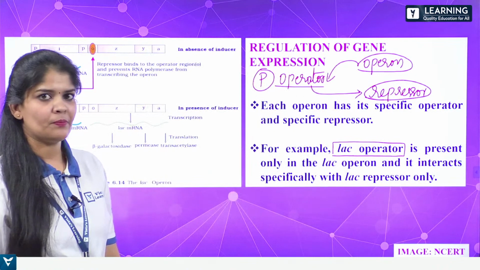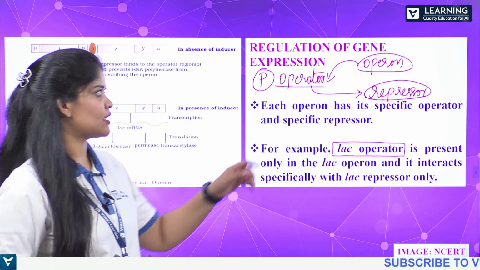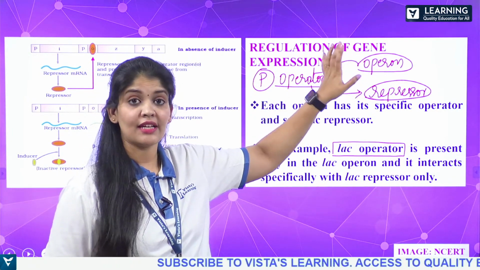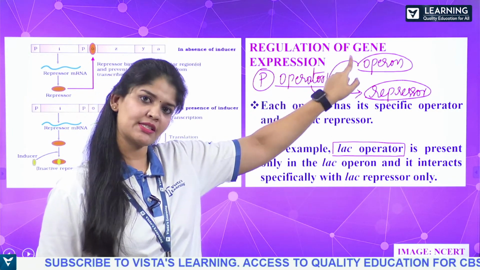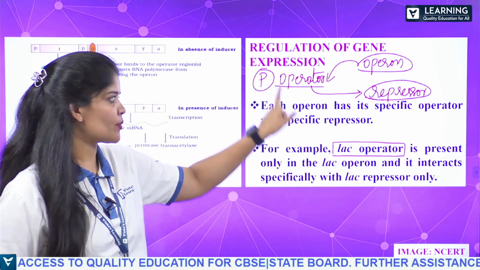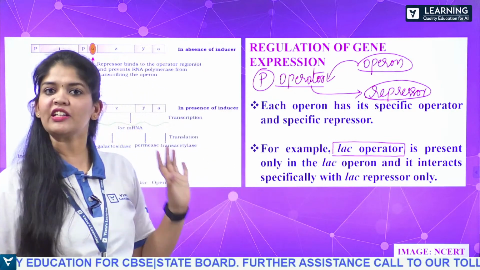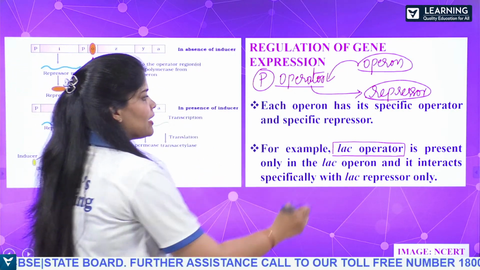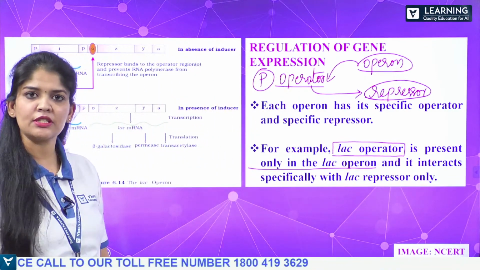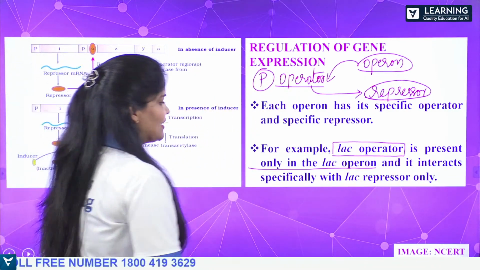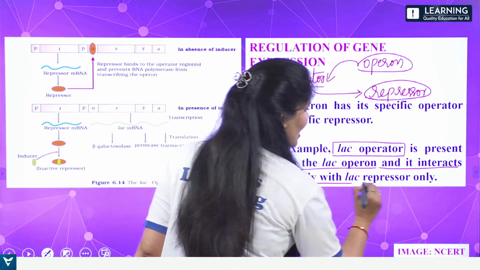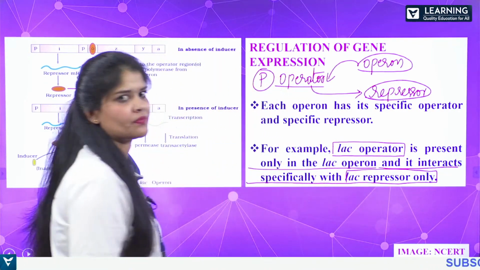In the lac operon, each operon has its specific operator, that is the lac operator, and that operator has its specific repressor, the lac repressor. The lac operator is present only in the lac operon, and it interacts specifically with the lac repressor only.